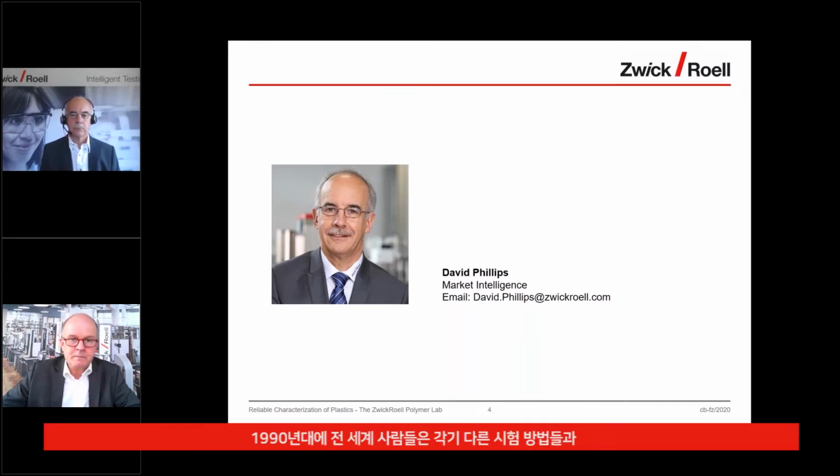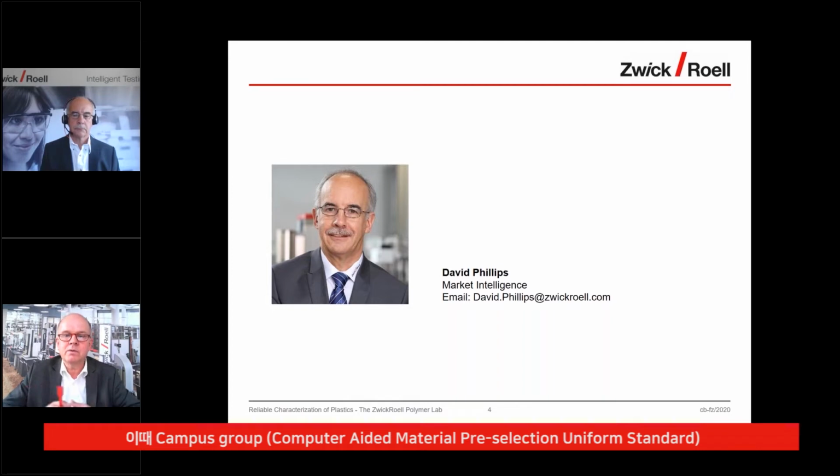And in the 1990s, we had the problem that in the world, all the people had different standards, different ways of specimen preparation, different ways of testing. So between the different regions in the world, we had no good comparability. And this is where the Campus group came in. So Campus means computer-aided material pre-selection by uniform standards.